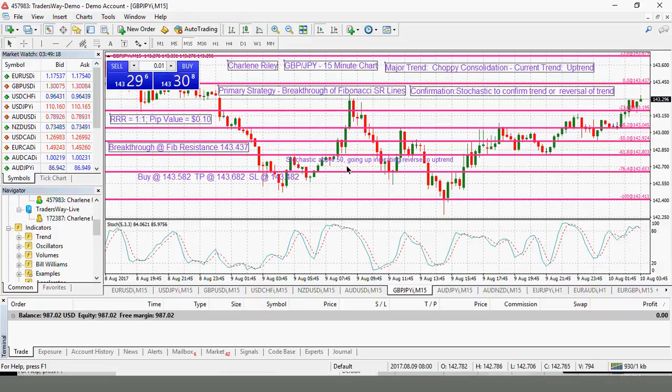We could have continuation of the trend, of the uptrend, but there'll be some pockets of downtrend before it moves upward.